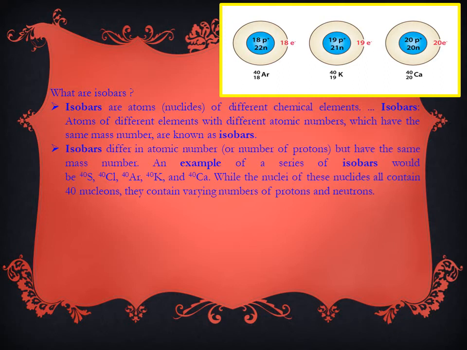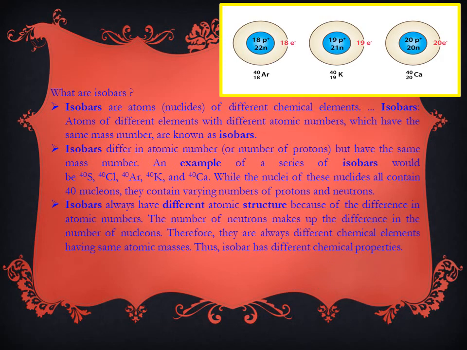Isobars differ in atomic number but have the same mass number. An example of a series of isobars would be 40Ar, 40Cl, 40K and 40Ca. While the nuclei all contain 40 nucleons, they contain varying numbers of protons and neutrons.